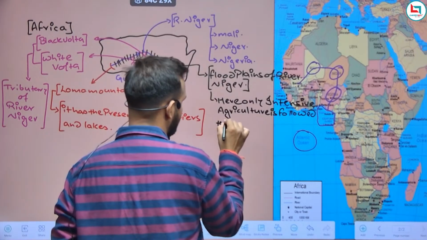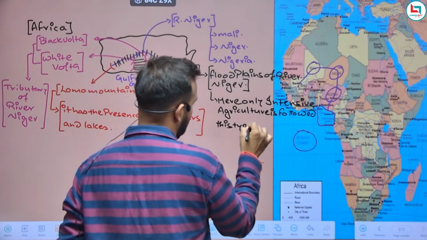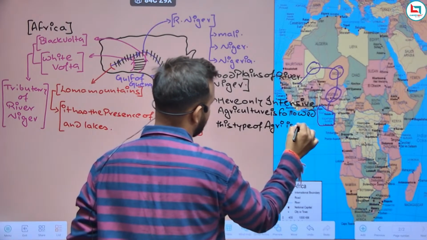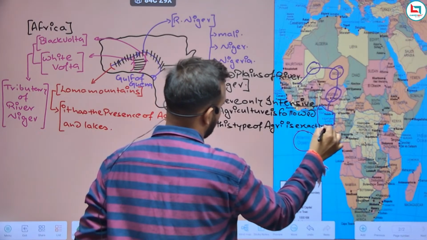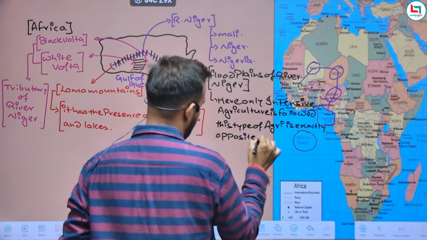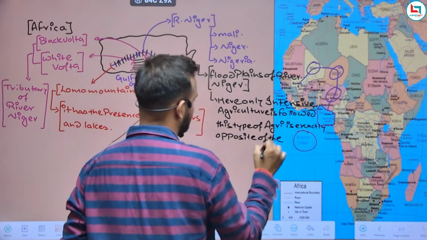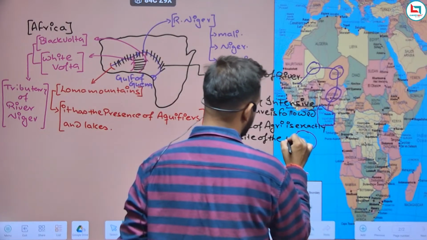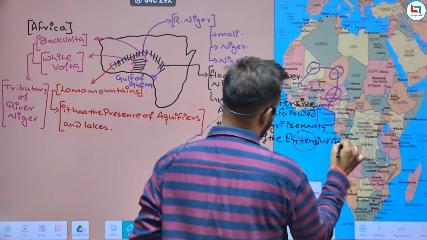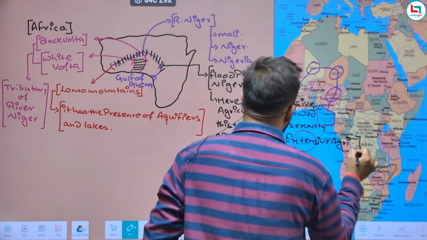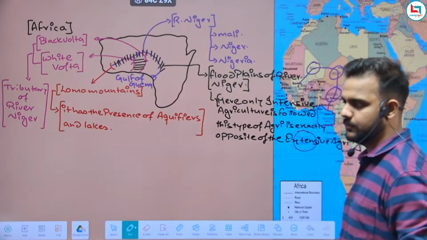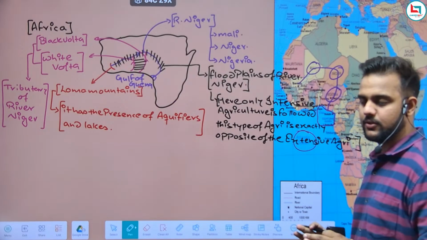This type of agriculture is exactly the opposite of extensive agriculture. Okay, so these are the things that we should know.